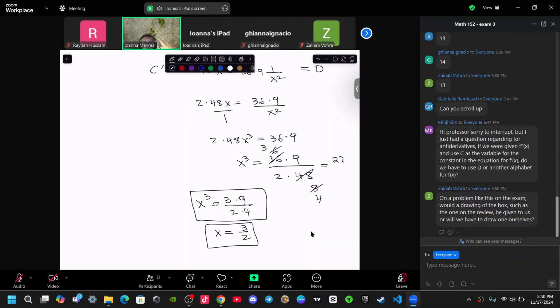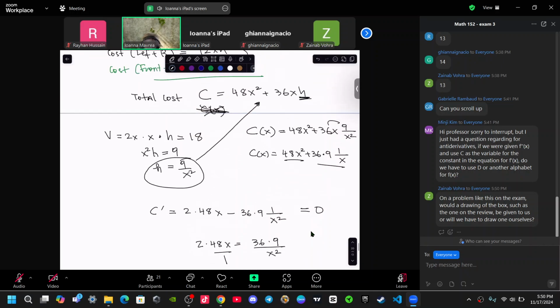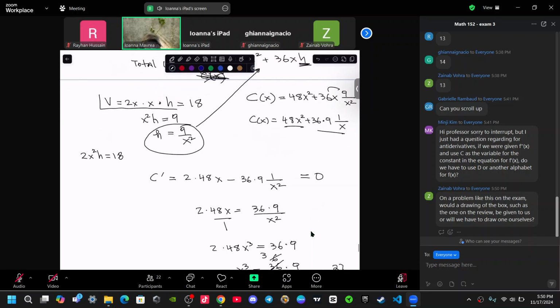Of course, I didn't mention the domain, did I? No, didn't mention the domain. Domain is important here. But this is a product. You're told that 2x squared h is equal to 18, right? And you have a function in terms of x only. Clearly, x cannot be 0.